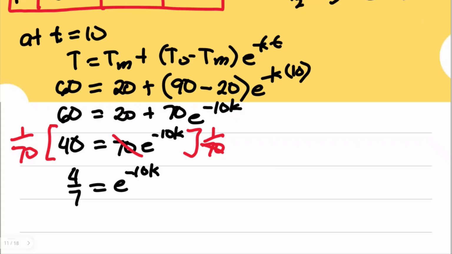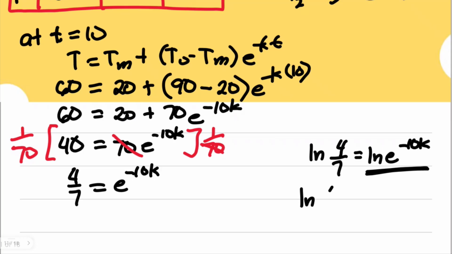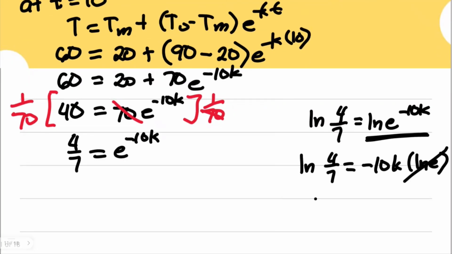Now if you would like to solve for k, the constant of proportionality, you can always use the natural logarithm of both sides. Natural logarithm of e to the power of negative 10k, because with that, you can use the rules or laws for logarithm. Natural logarithm of 4 over 7 will be negative 10k times the natural logarithm of e, which is basically equal to 1. So your k is actually the natural logarithm of 4 over 7 over negative 10.